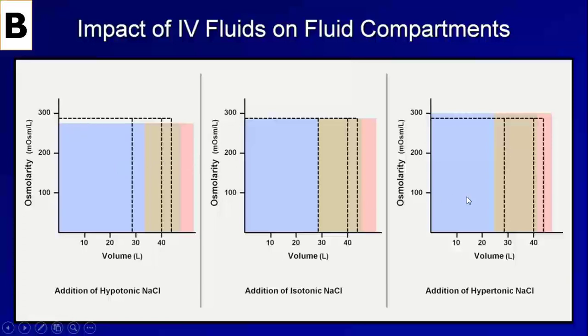If I add hypertonic solution, the opposite will be the result. We will have contraction of the cell and increase in the interstitial and the intravascular, because the hypertonic solution will withdraw the water from the cell and the osmolarity will increase.